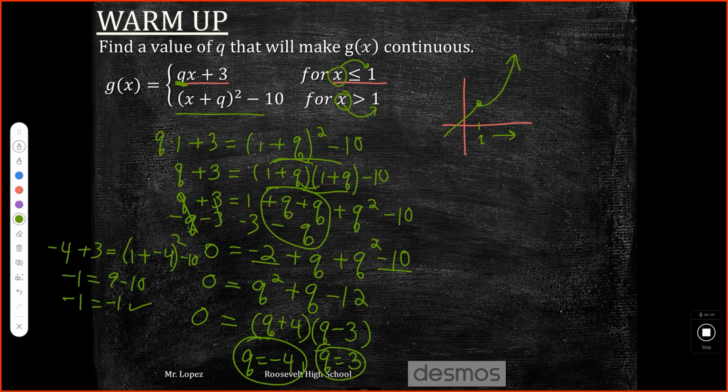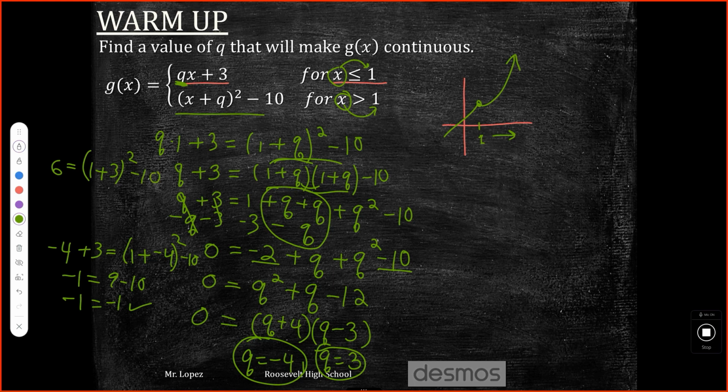If we do q equal to 3, then we got 3 times 1 is 3. 3 plus 3 is 6. So we're going to get 6 is equal to, x is 1, and q is 3, so 1 plus 3 squared minus 10.